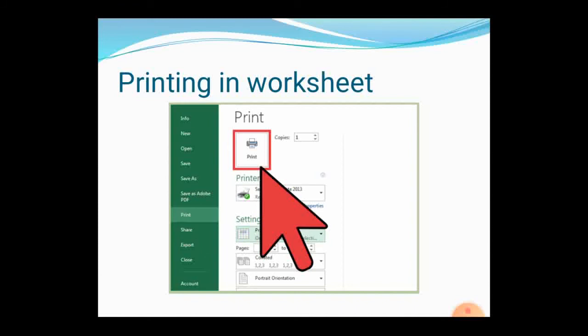When you select that, a small box window will be displayed like this, which shows a printer icon, the devices that are connected, and additional information like collated or portrait orientation, number of pages, all those things. Select all those things, the number of copies you need, and finally the print icon.